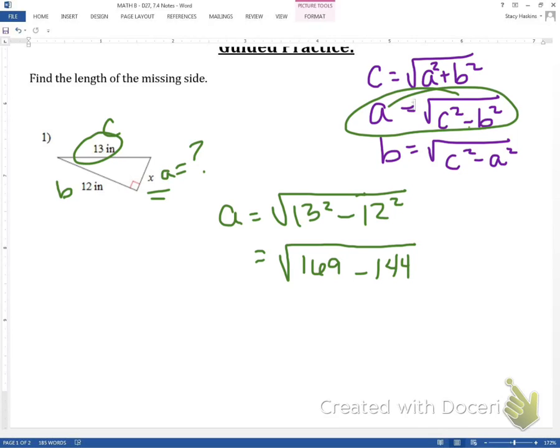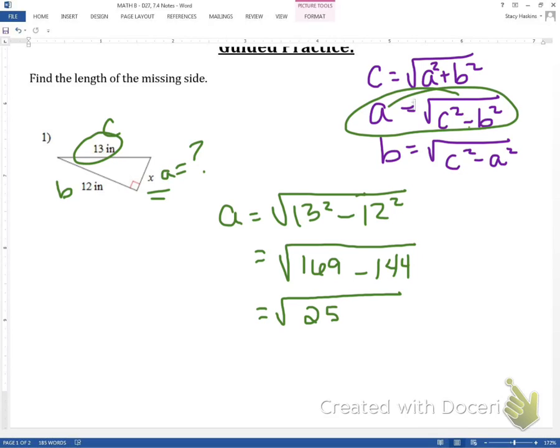After you solved your exponents, we haven't really talked about roots before, but whatever's underneath the root would be next, which is a subtraction problem. So you just need to subtract 169 minus 144. I get 25. And then you solve for what the square root of 25 is.